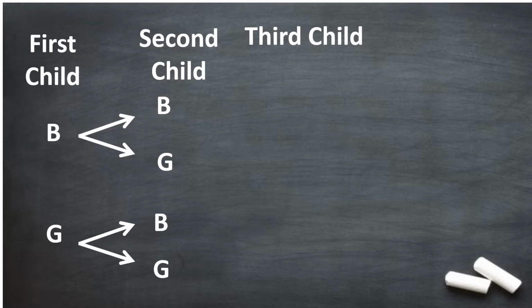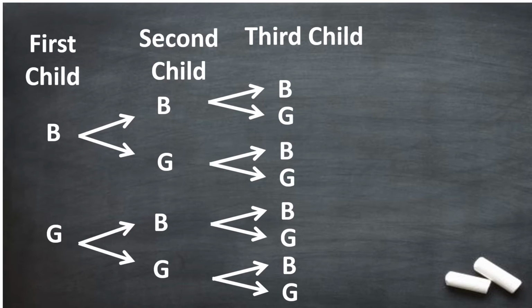And lastly, for the third child, the possible genders for the third child is also a boy or a girl. And since we already have 4 branches from the first child to the second child, we must also reflect another set of options for the third child.